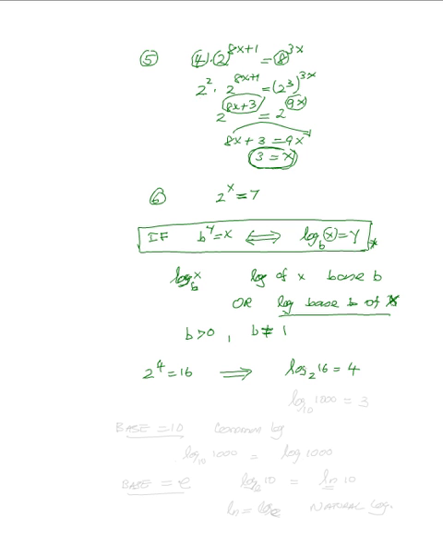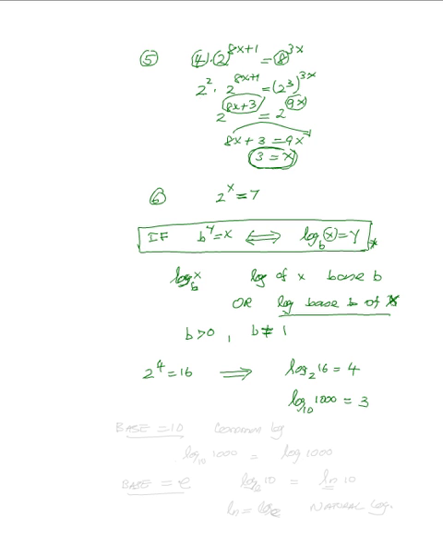The answer is 4. So logarithm basically is finding the exponent of the base so that you will get the number. For example, if somebody asks you the question, log base 10 of 1000, the question is, what exponent of 10 will give you 1000? The answer is basically 3.